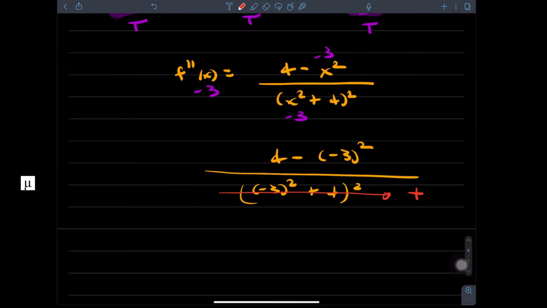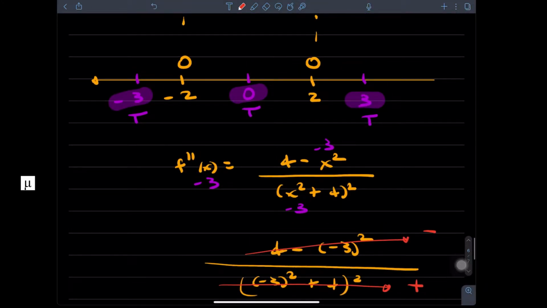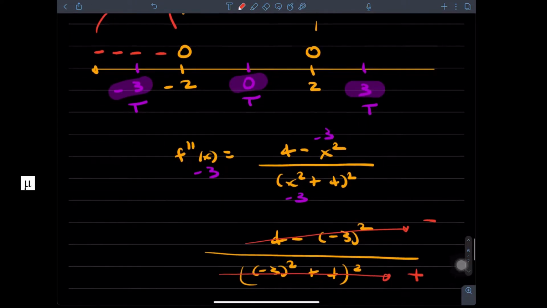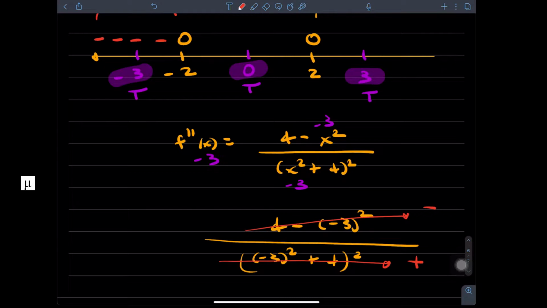So then I get 4 minus 9. You guys know what 4 minus 9 is? This is going to be negative. So I get negative here. Now this is on the second derivative, not the first derivative. So I draw this picture. What is this picture of? Does not hold water. Concave down in region 1. Okay, so I'm not even interested in the values, I'm interested in the sign.